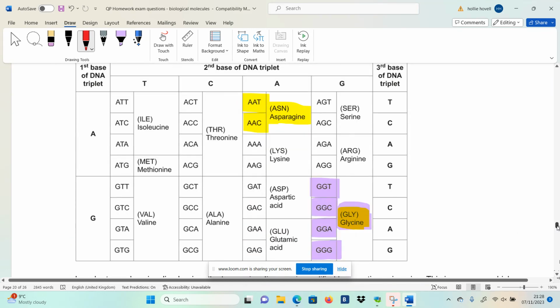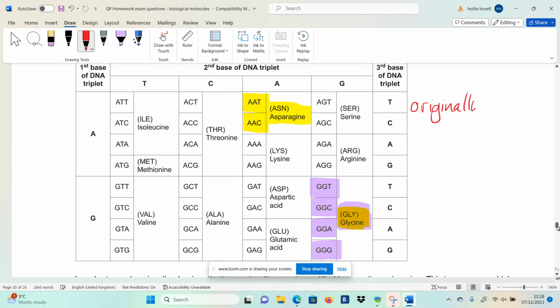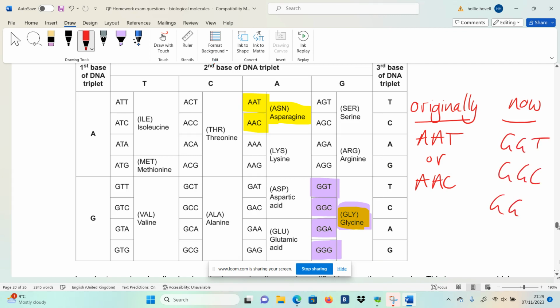So originally it was asparagine, so originally it was AAT or AAC, and now it's changed to glycine. So now it's either GGT, GGC, GGA, or GGG.